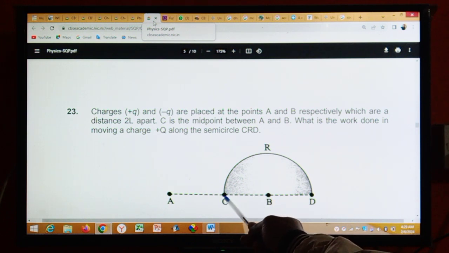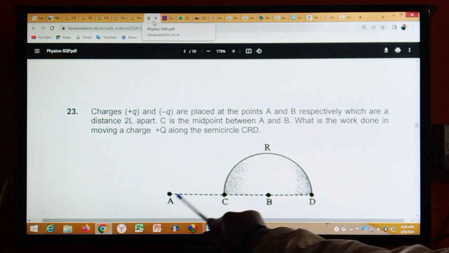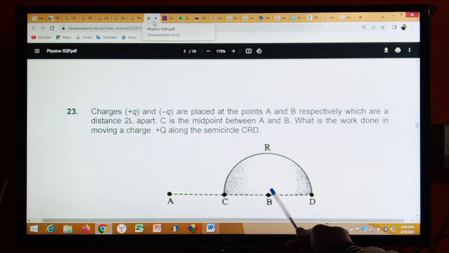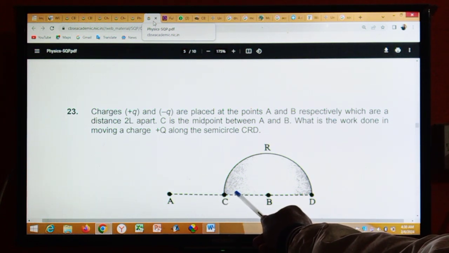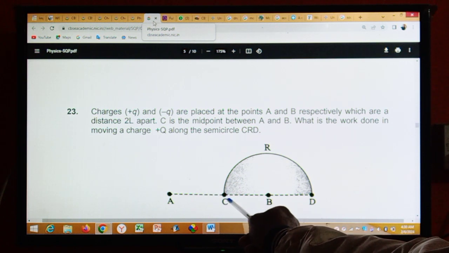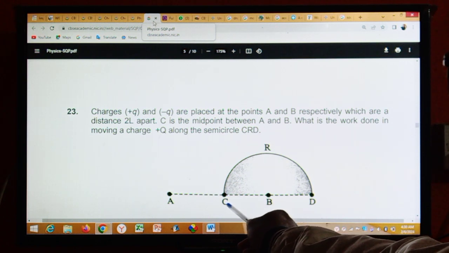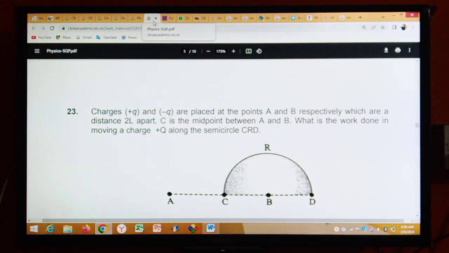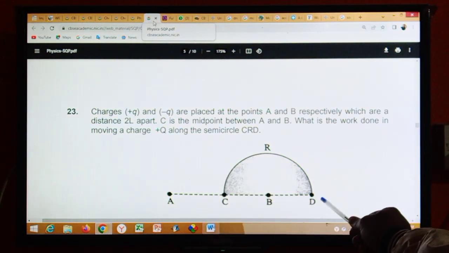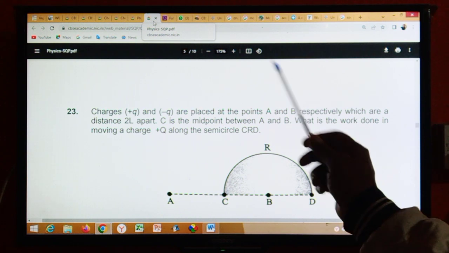This particular point C is equidistant from plus q and minus q, and both have opposite signs. So what will happen? They will nullify. Here we will not get any potential. The net potential at this particular point will be 0 due to both these opposite charges. Correct?